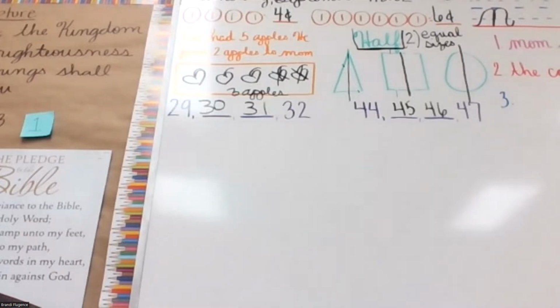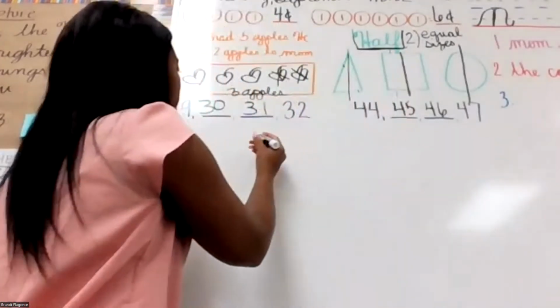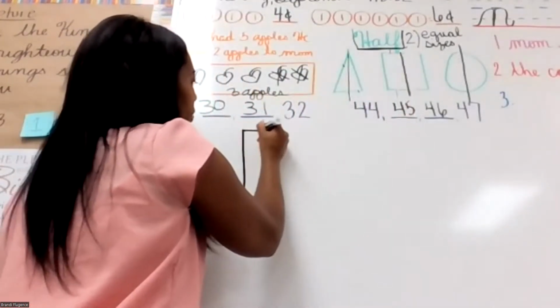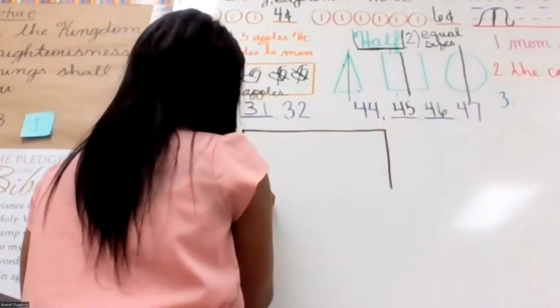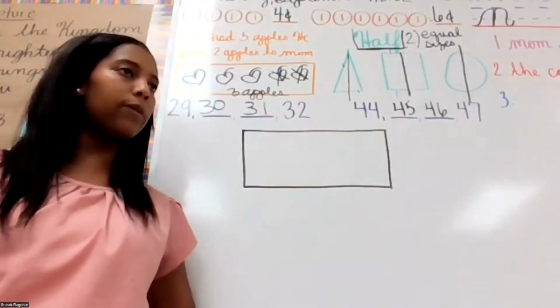Okay, so let's draw a rectangle on our paper. I want you to divide that rectangle in half for me and then show me what that looks like. Draw a rectangle and then divide it in half.